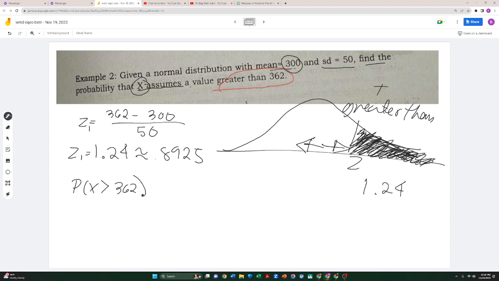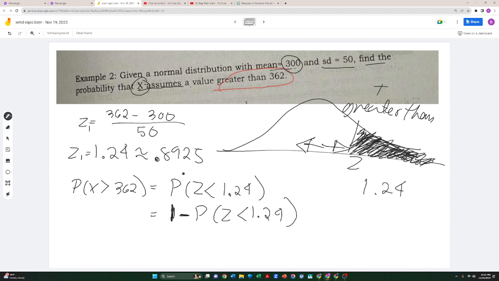Pagkahuman ana, is equal to P z less than 1.24, and then 1 minus P z less than 1.24. Ngano mag-minus 1 man ko, di ba? Kabalo na ta sa probability, which is kani siya, no, 0.8925. Ang pangutana is pila daw ang probability or percent that x assumes greater than 362.